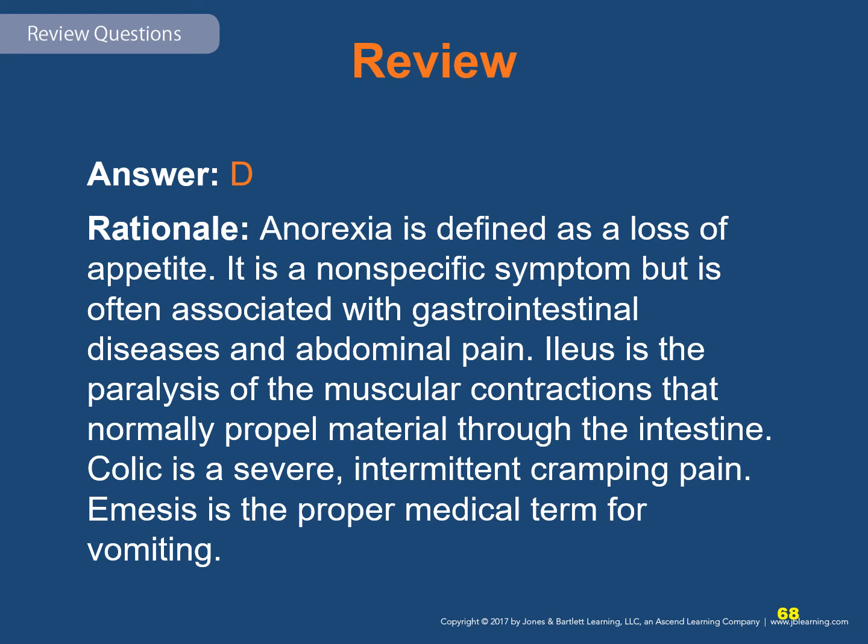It is a nonspecific symptom, but is often associated with gastrointestinal diseases and abdominal pain. Ileus is the paralysis of the muscular contractions that normally propel material through the intestine. Colic is a severe intermittent cramping pain. Emesis is the proper medical term for vomiting.